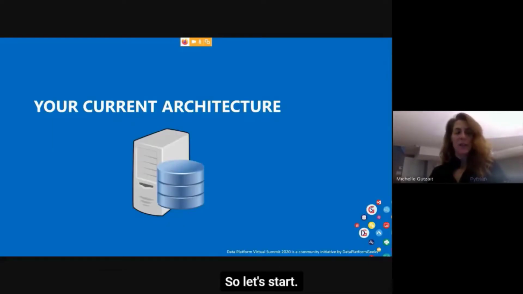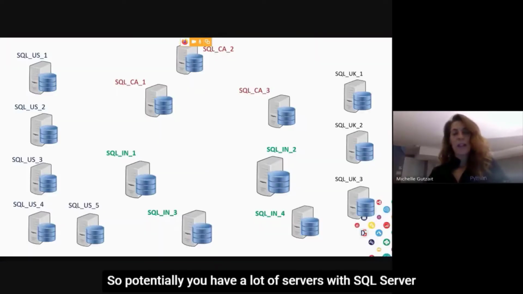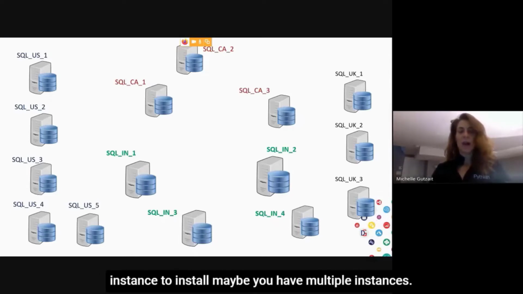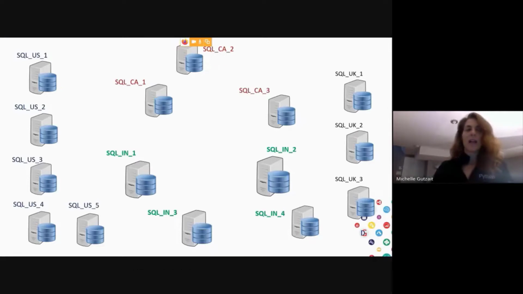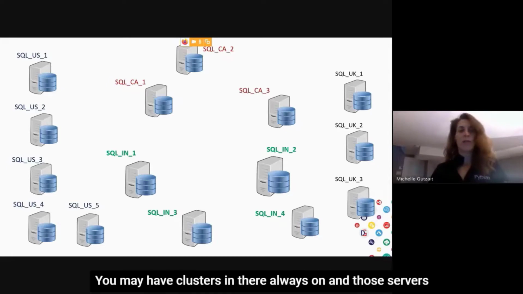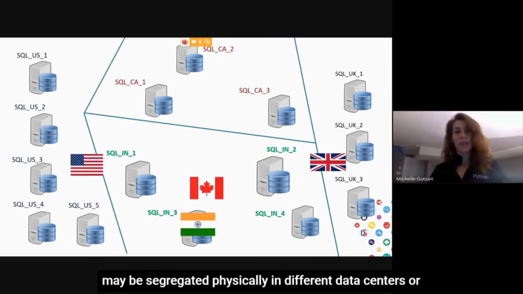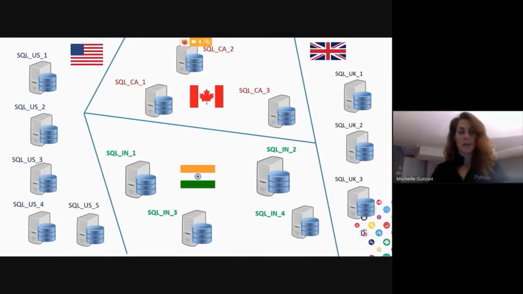So let's start. Let's talk about your current architecture. Potentially you have a lot of servers with SQL Server instances installed. Maybe you have multiple instances. Maybe it's more complicated than that, with high availability and disaster recovery. You may have clusters, Always On. And those servers may be segregated physically in different data centers or even in different countries.